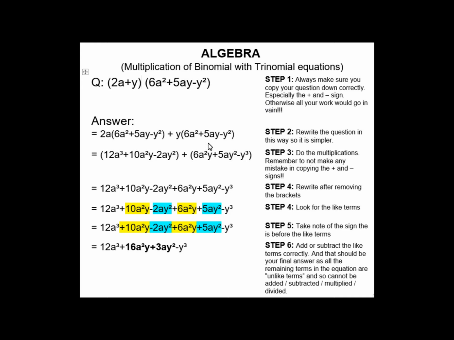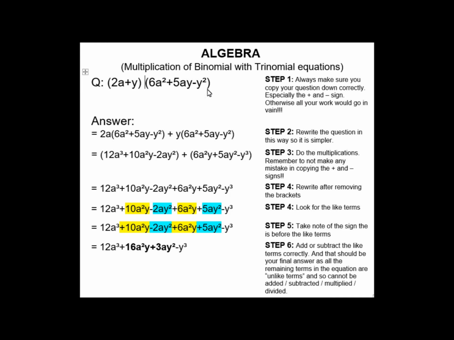No matter how right your steps are, your answer will always be wrong. So make sure it's all the right signs. You see here there's a minus, there's a plus here.